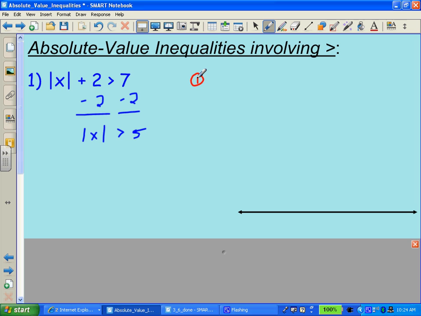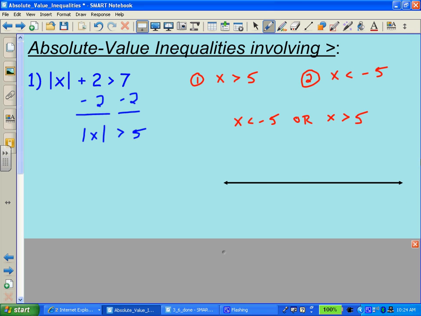I've gotten the absolute value by itself. So I'm going to set up my two cases. X greater than 5. Second case would be x less than negative 5. So now I have x less than negative 5 or x greater than 5.